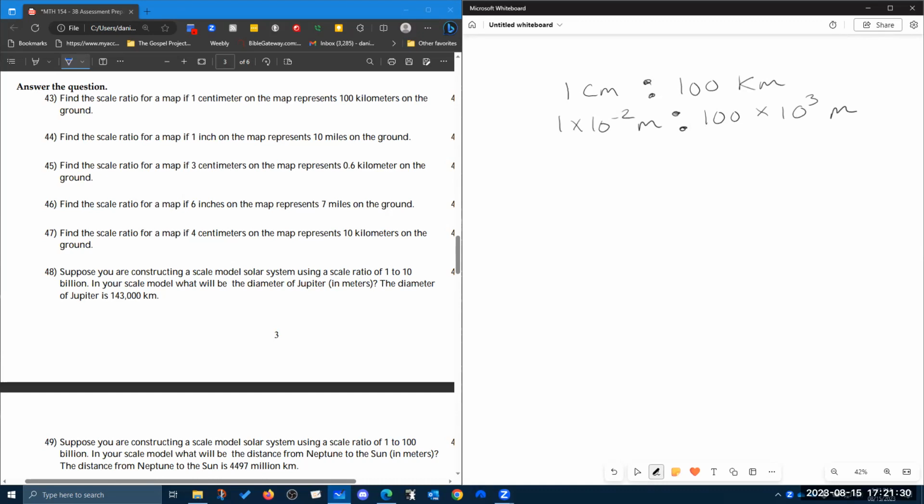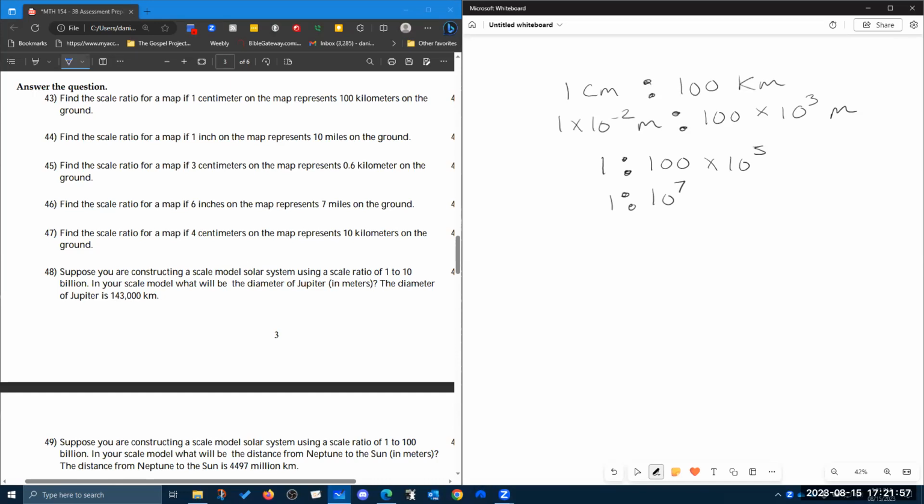So I'm going to multiply both sides by a factor of 10 to the second, to get 1 to 100 times 10 to the fifth. The meters are going to cancel out, and 1 to 10 to the seventh is going to be our scaling factor.